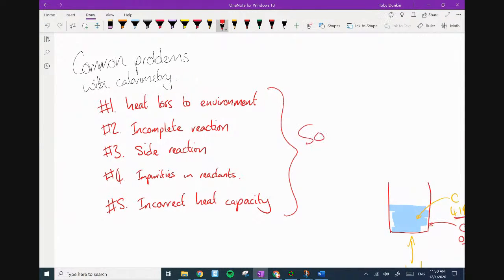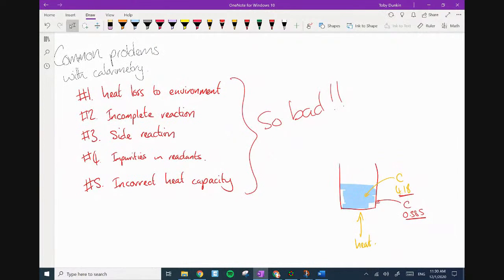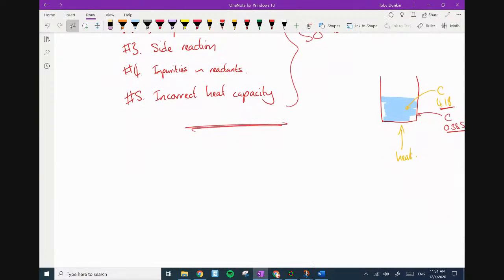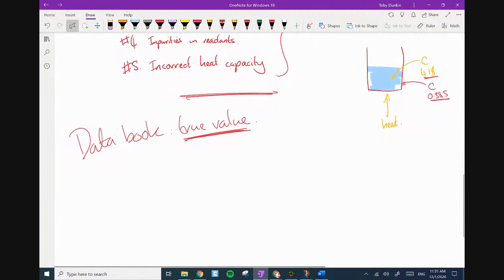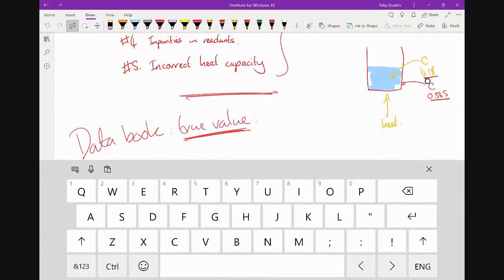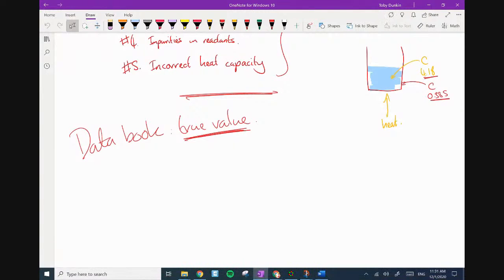So if you compare to a data book, it has what are considered to be true values, ones that they have worked out using things like a bomb calorimeter. But what we realize is that the data book value is always different from ours, because no matter what we take, it's always different.